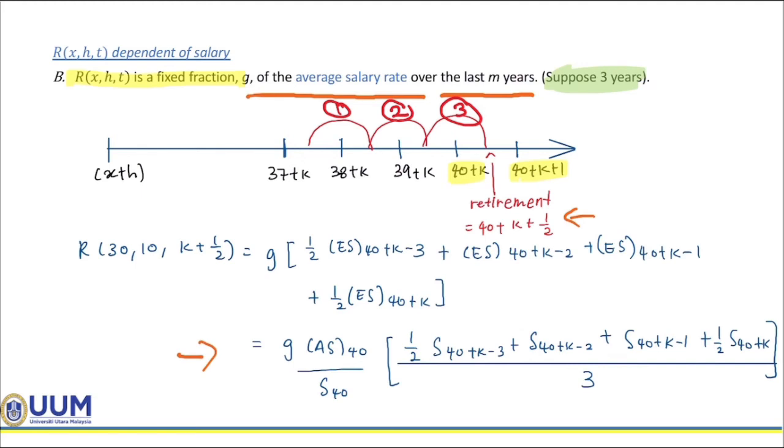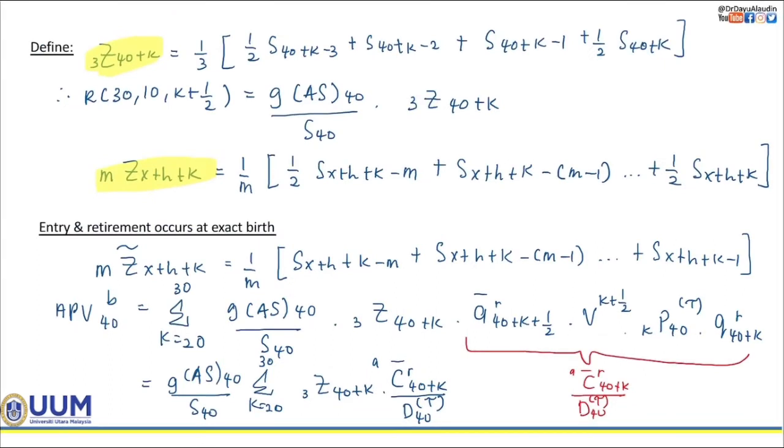So from here we can find the average salary rate, where the notation is Z. So finally we get the average salary rate is equal to mZ_{x+h+k}, the average salary rate over the last M years.